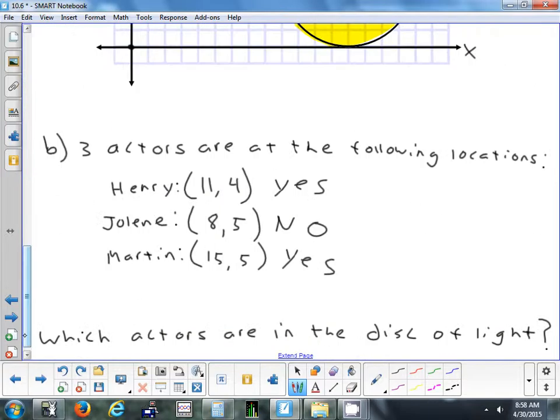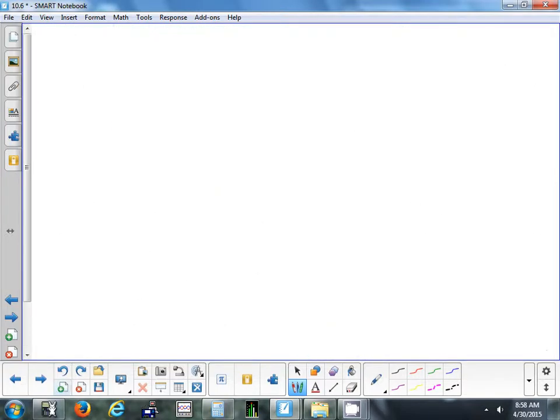Last thing, let's just make sure everybody has the equation of a circle with all letters. What's the standard form? r squared equals (x minus h) squared plus (y minus k) squared. Good.